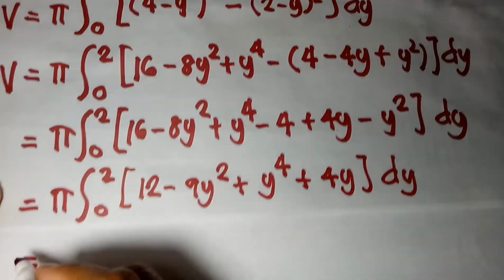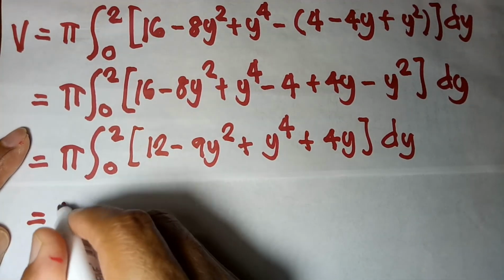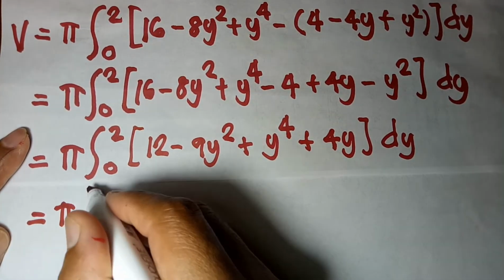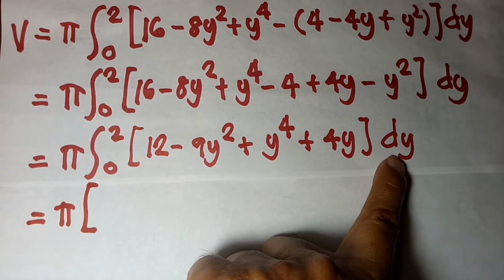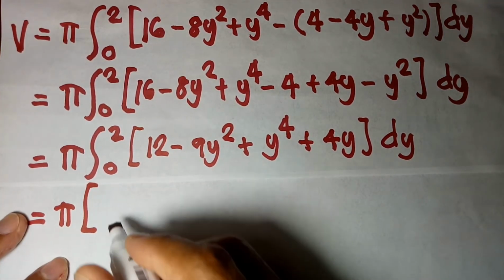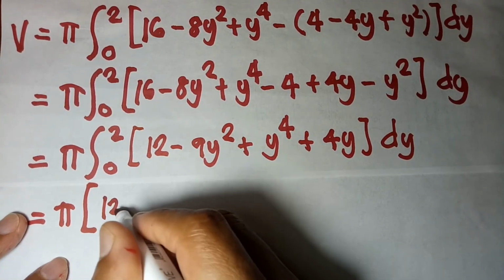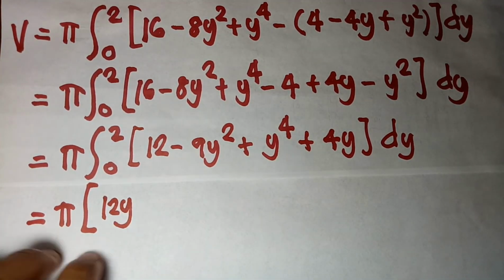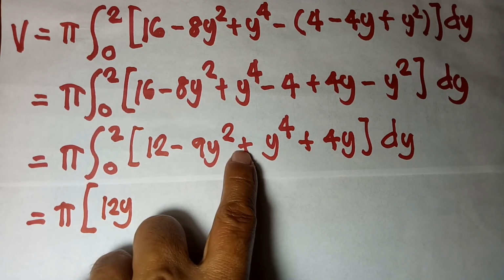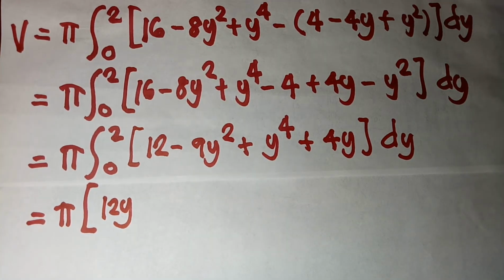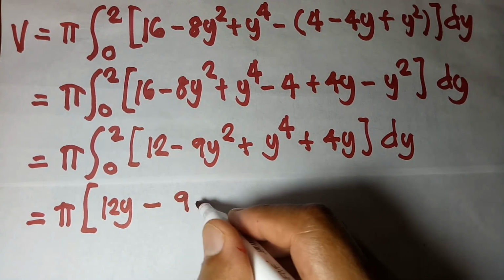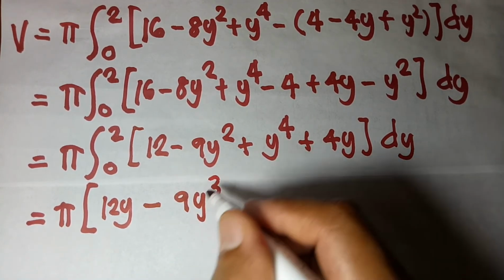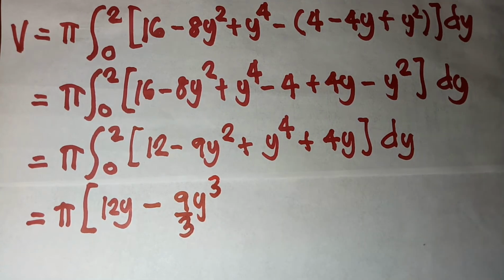So, I'll have pi. So the integral of 12 dy equals 12y. And then integral of 9y squared equals 9y cubed over 3.